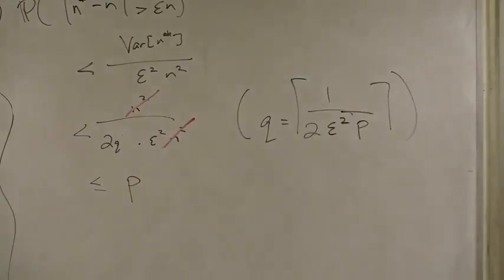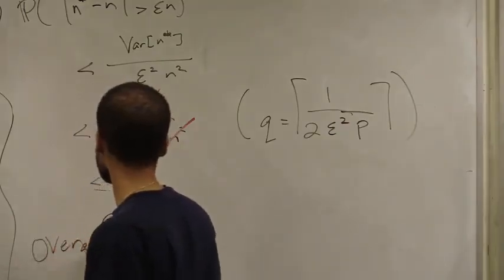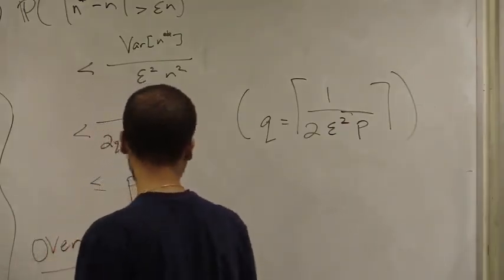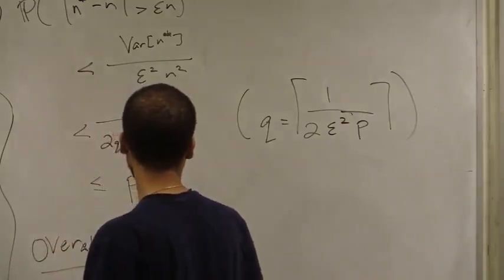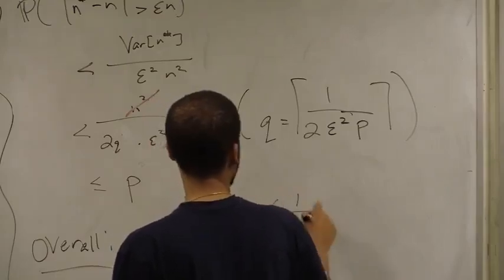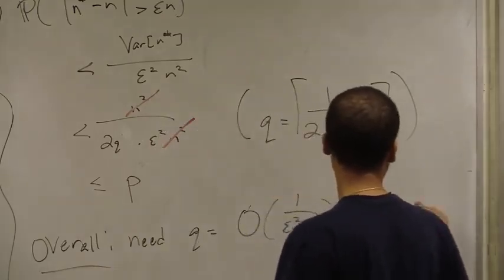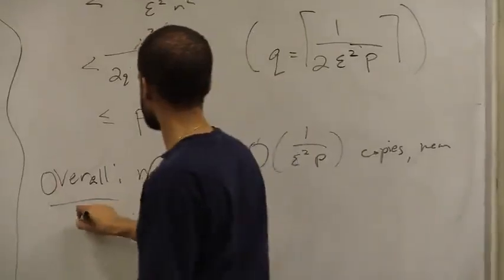So overall, I need q, which is O of 1 over epsilon squared p copies. So the memory blows up by this amount.